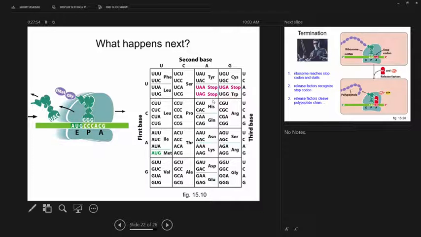And I will mark it 5' to 3' as well. You just got to know that, anti-parallel, right? Good? All right, so we're starting to go, right? So a transfer RNA is coming in here. It's going to have an anticodon of CGU, and it's going to have a threonine amino acid on it.